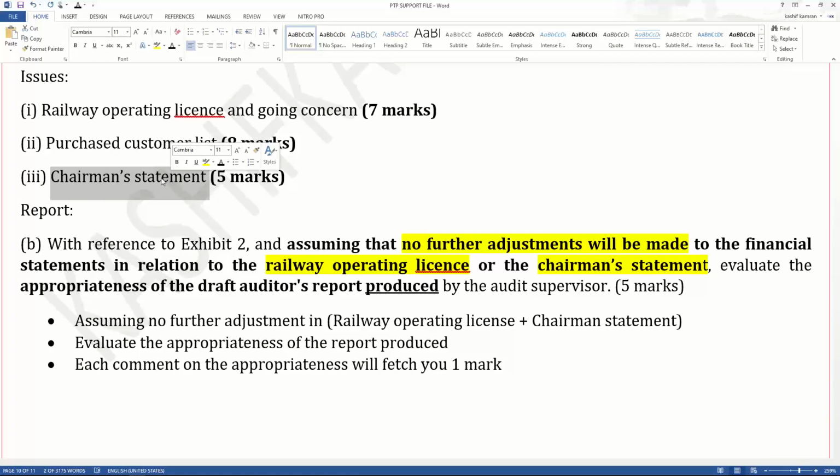Yes. Okay. What about the purchased customer list? The examiner is not telling us something about the purchased customer list. So does that mean that the management has agreed with the auditor on the purchased customer list? Because on 2 areas, the management has disagreed with you. No further adjustment will be made in the 2 areas. But what about the 3rd area?